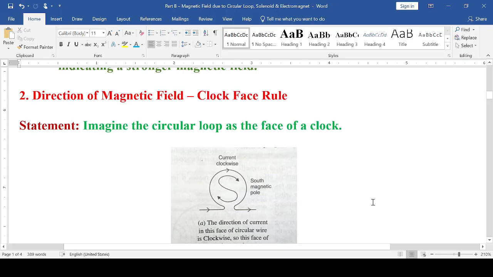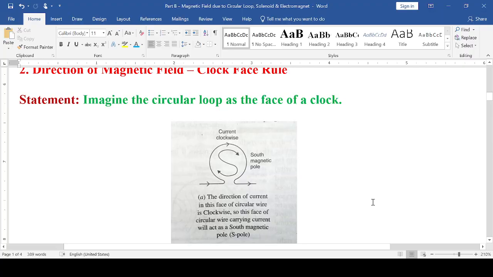To understand the direction of the magnetic field, we will take the help of the clock face rule. Imagine the circular loop as the face of a clock. Current is moving clockwise.